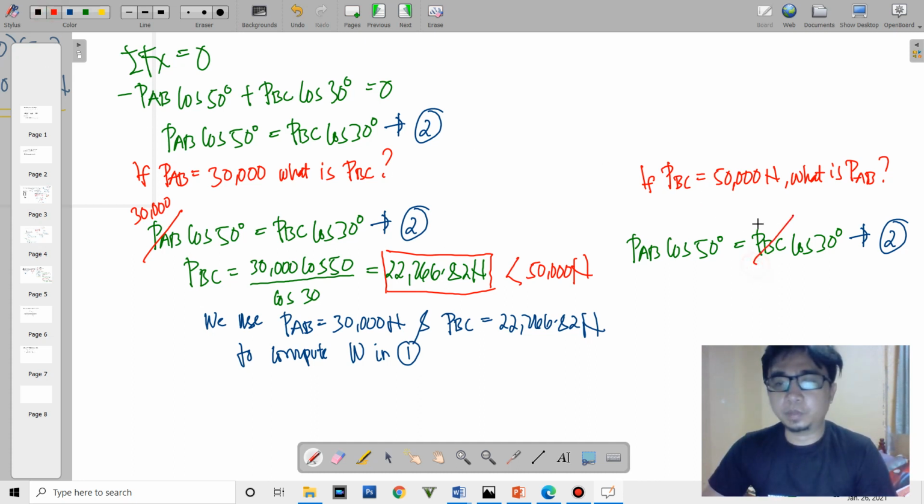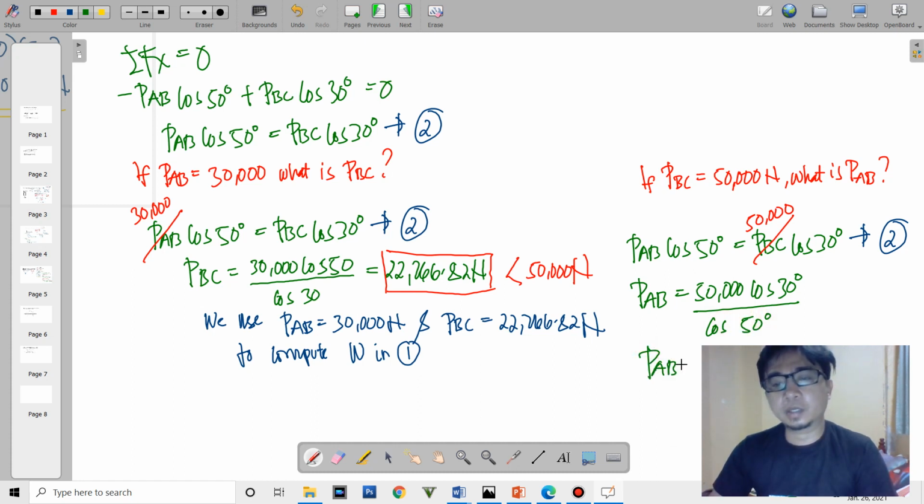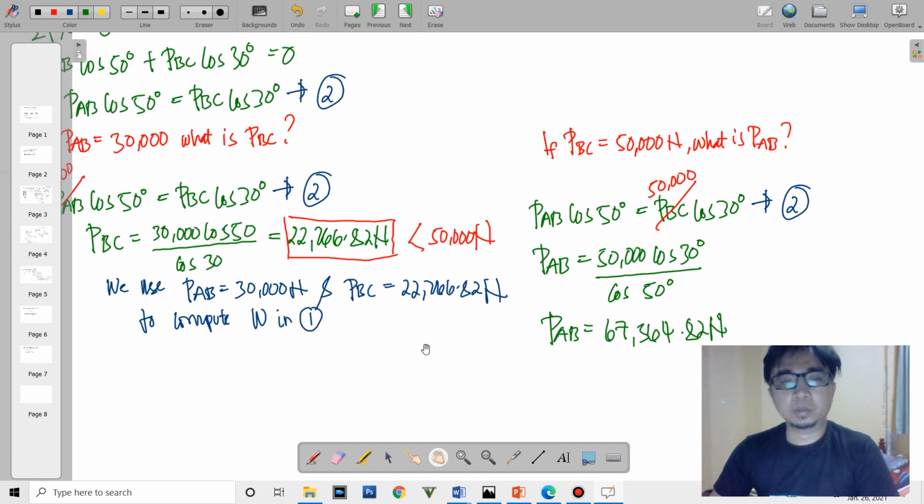So if we're going to do this, we can now derive, this is supposed to be 50,000. Therefore, PAB is equal to 50,000 cosine of 30 all over cosine of 50 degrees. So we have now the value of PAB equal to 67,364.82.